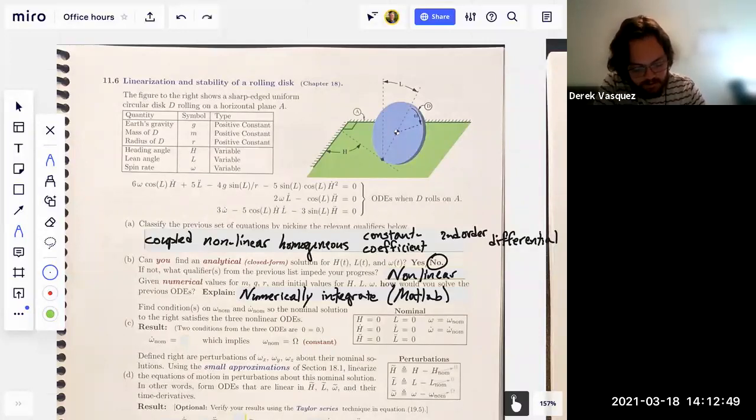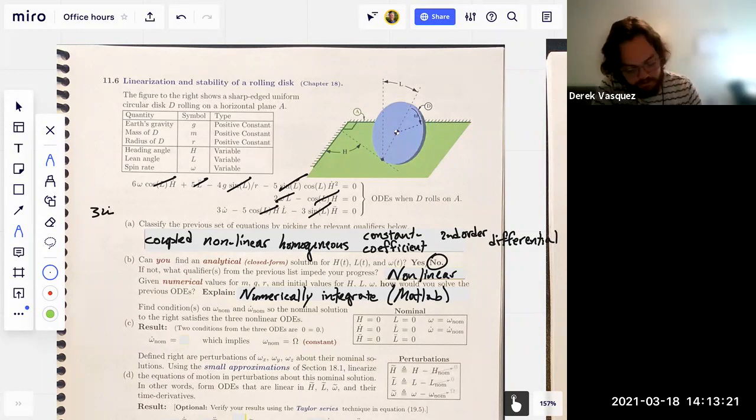So 0, 0, sine of 0, sine of 0 as well. So this first one is just 0 equals 0. Second one, we have a 0 equals 0. This one, we have 3 omega dot minus 0 minus 0 equals 0. So that means that omega dot nominal, what does it have to equal?